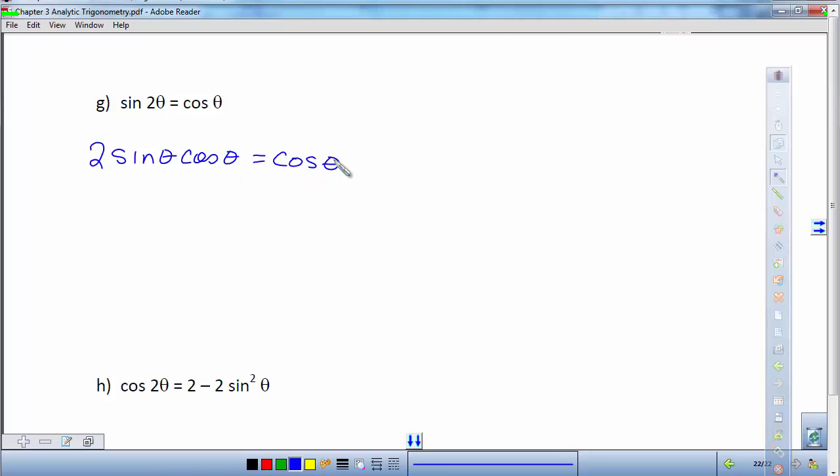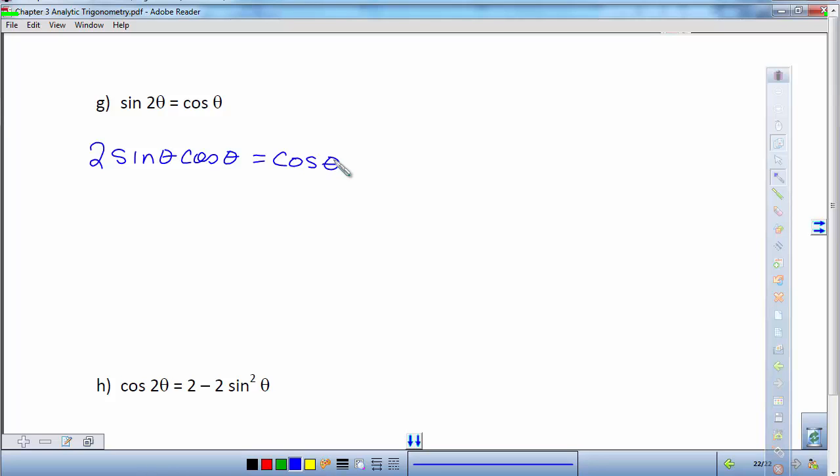All right. And I know the next step you might think of would be to divide both sides by cosine theta, but we're not going to do that. We try to avoid dividing by a variable, because we don't know the value of the variable. And if it happens to come out to be 0, then we've made a terrible error. We can't divide by 0.